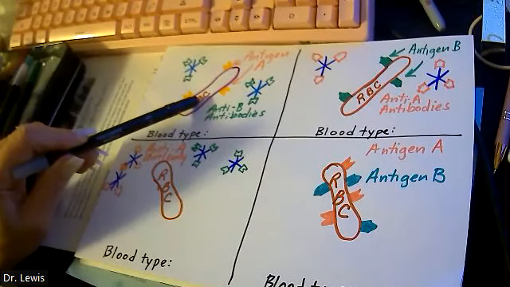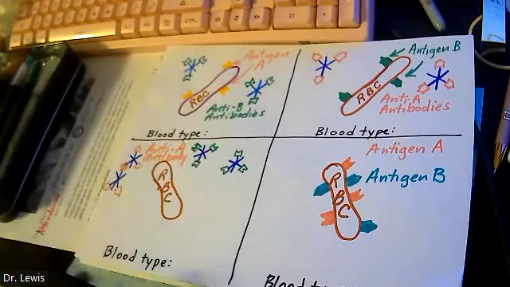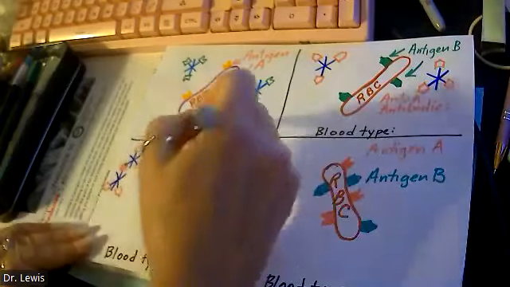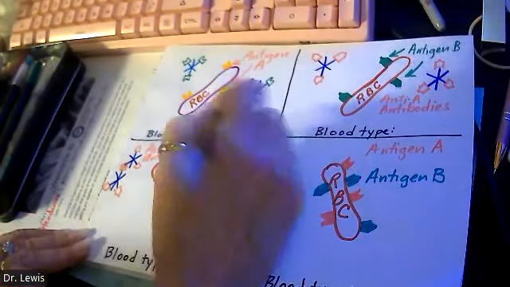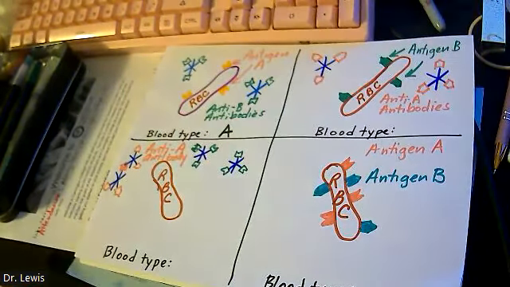What type of blood is this? This is type A in the ABO system.